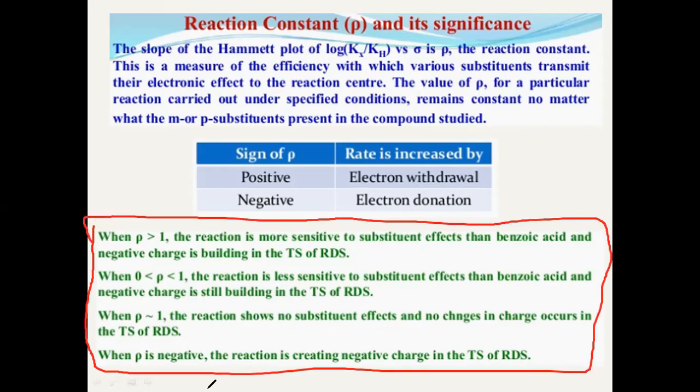What is the first point? If rho is positive, means greater than 1. Okay. So in such cases, the reaction is more sensitive to substituent effect than benzoic acid, and negative charge is building in the transition state.